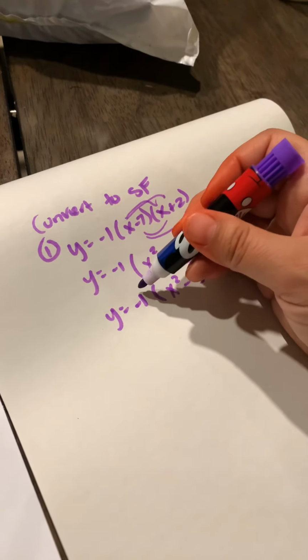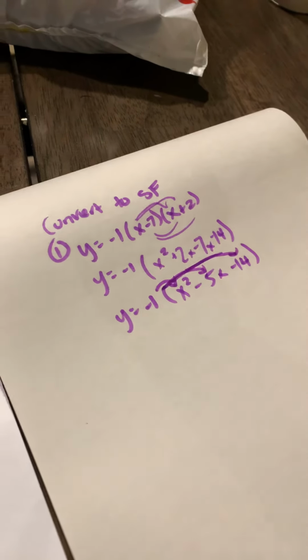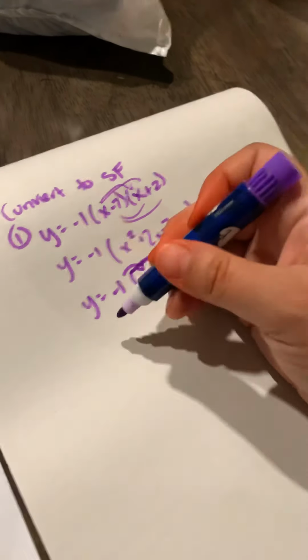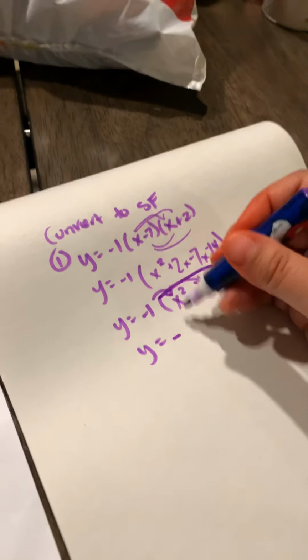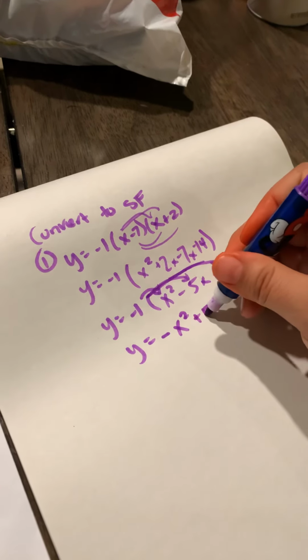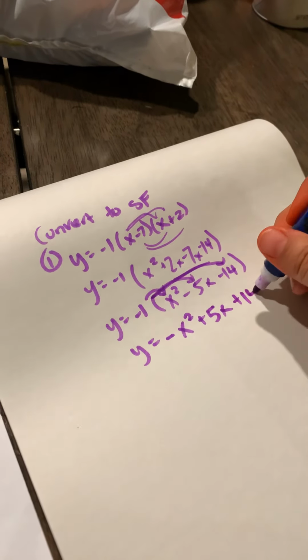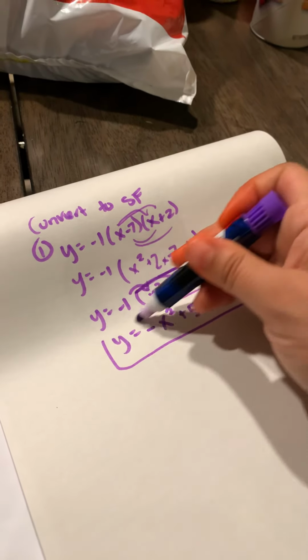And then I'll take the -1 and distribute it in to the three terms inside the parentheses. So you could put -1x squared or just -x squared plus 5x plus 14. And now it's written in standard form.